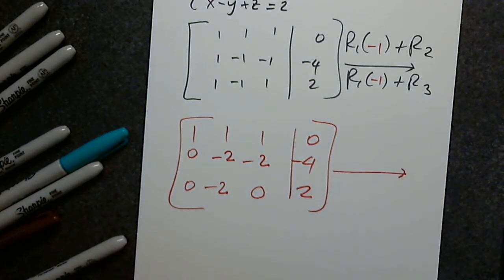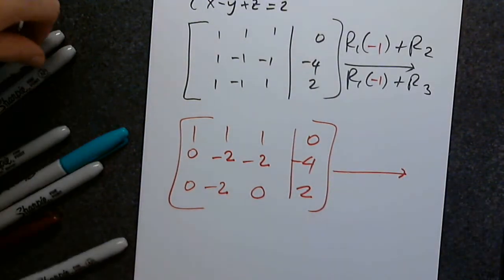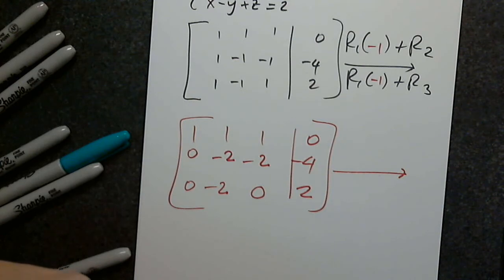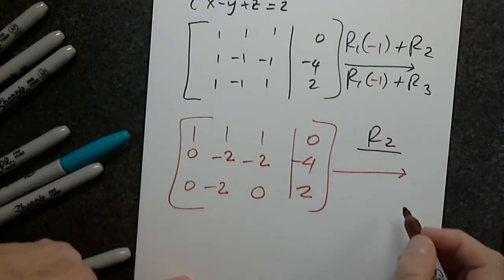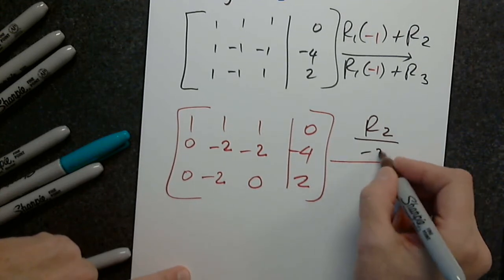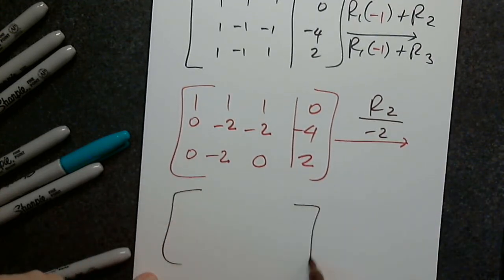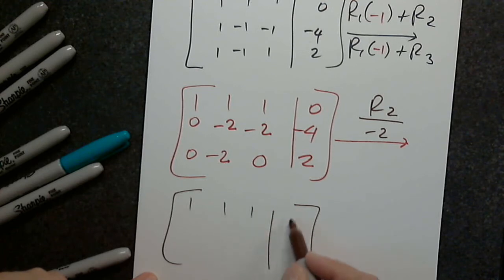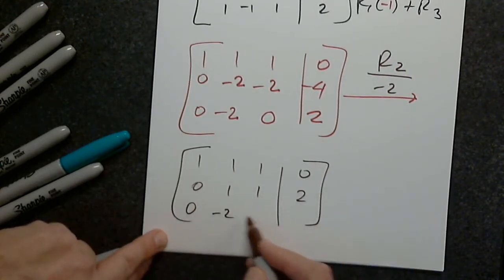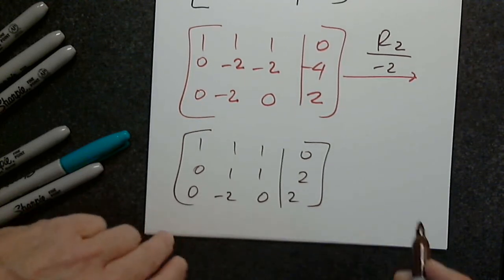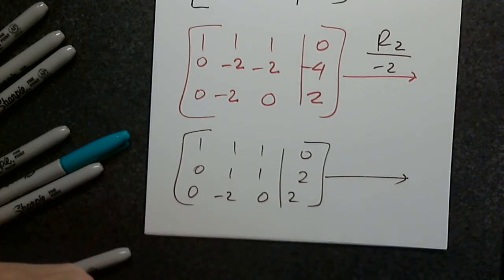What is the next step now? Divide row 2 by? Okay. So 1, 1, 1, 0. 0, 1, 1, 2. 0, negative 2, 0, 2. Which row we have to use next?